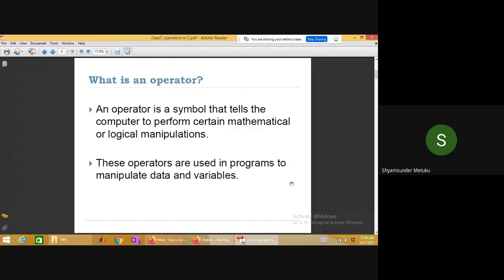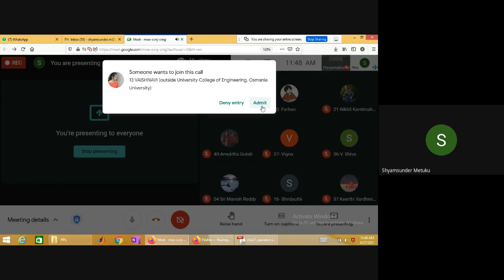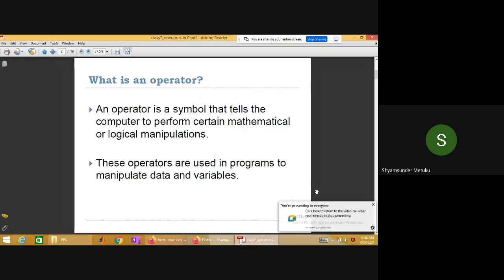These operators are used in the program to manipulate the data and variables. Ultimately, for any problem given to you, you're supposed to take the input, apply those inputs to some algorithm and get the output. That is generally called the solution. In that context, operators are used in programs to manipulate the data and variables. We have seen where C was declared but not defined.